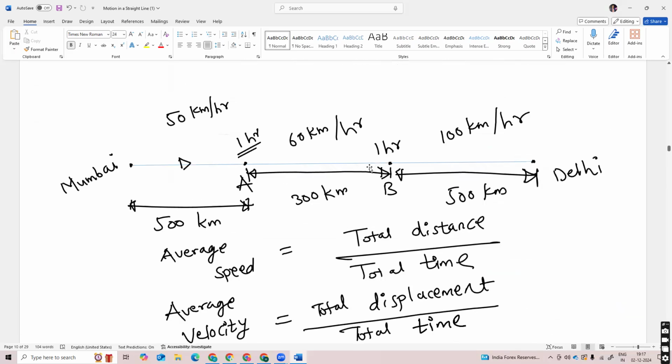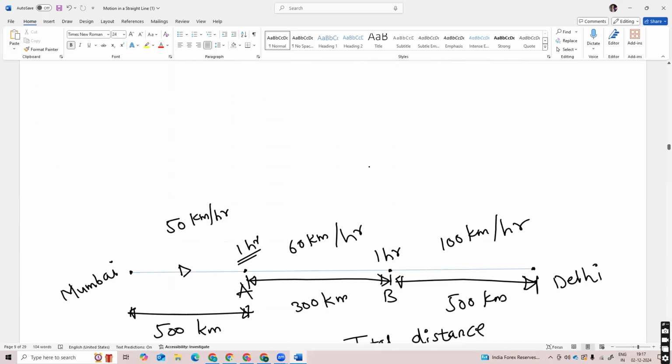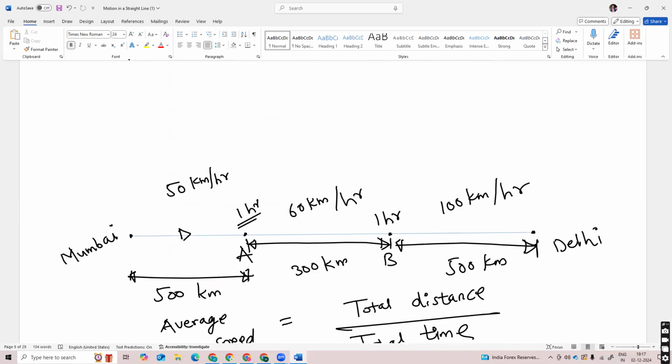Now you have to find the total time. What we have learned here is speed is equal to distance upon time.